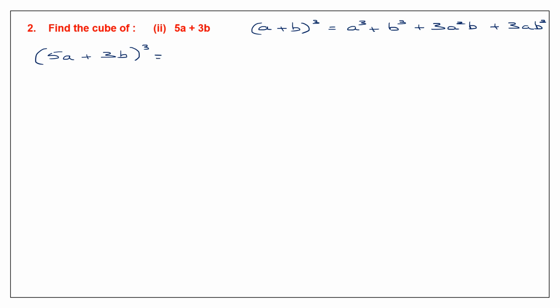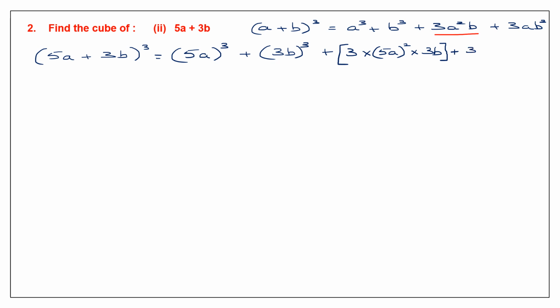So a cube will be 5a, this is a cube, plus b cube, which is 3b, this is b cube, plus, now 3a square b, we're doing this part, 3a square b, that is 3 into a square, a is 5a, the whole square, into b, which is 3b. So this is 3a square b. Now we have to do 3ab square. That is 3 into a, which is 5a, into b square, 3b the whole square. So this is 3ab square.